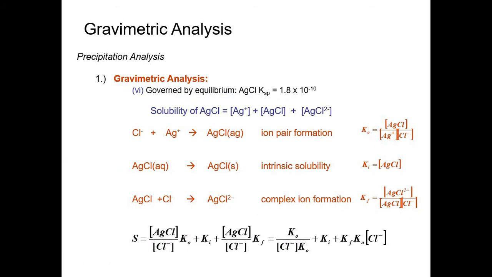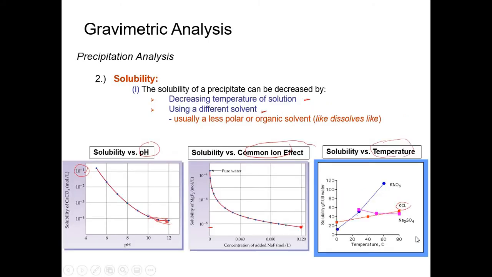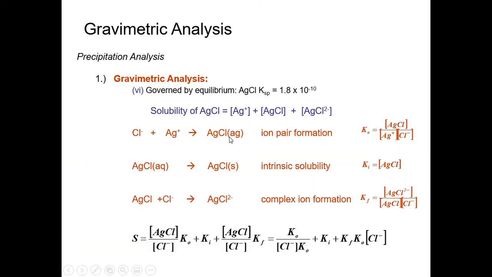In precipitation analysis, it's governed by Ksp. So, for example, for AgCl, the Ksp of silver chloride is 1.8 times 10 to the minus 10. Right? So, for the solubility of silver chloride, you expect in the solution, this is the mass balance equation.